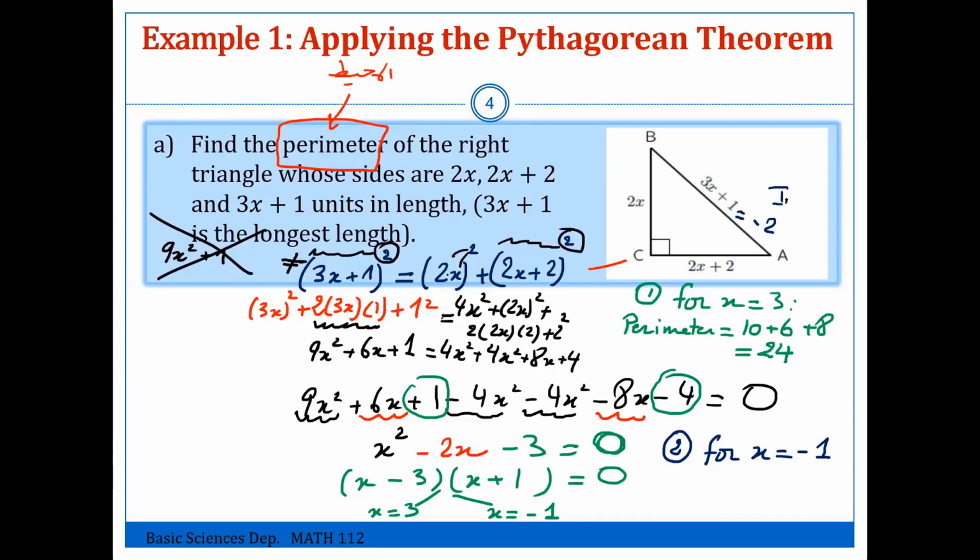We cannot have negative lengths, so it's not possible. We reject it. So here we have one possibility, and the perimeter of this triangle is 24 units.